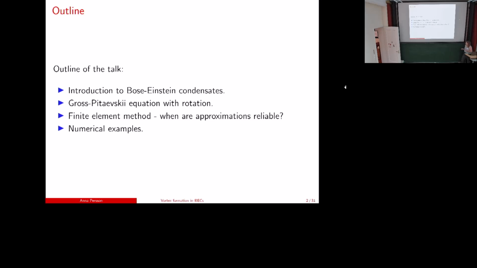And I will speak about the finite element method. And as we will see later on, these are not always reliable. It has some multiscale nature. So my question is actually, when are these approximations reliable? Can we find a threshold for this? And we will see some numerical examples in the end.